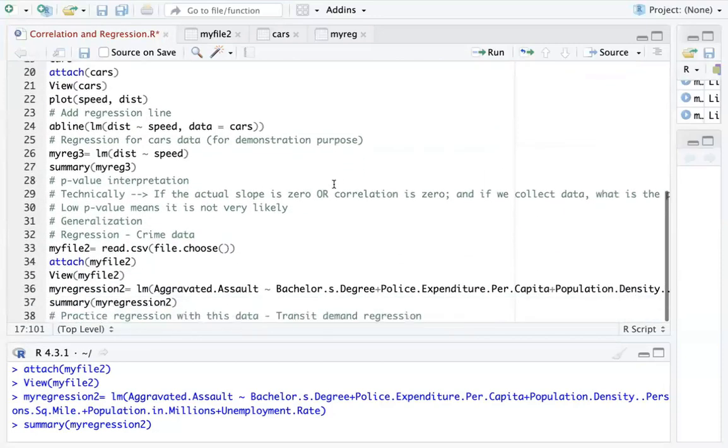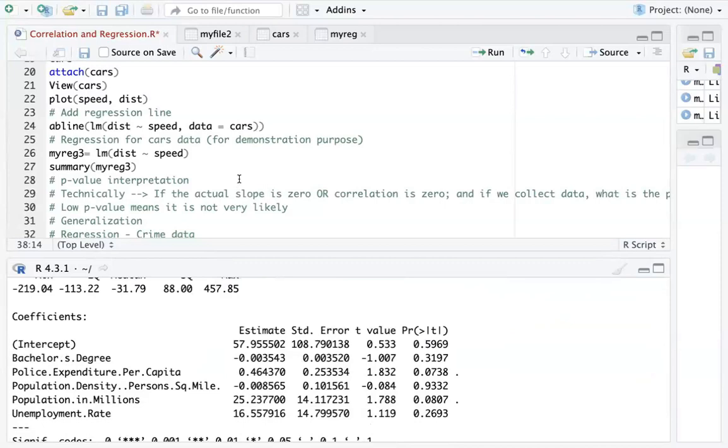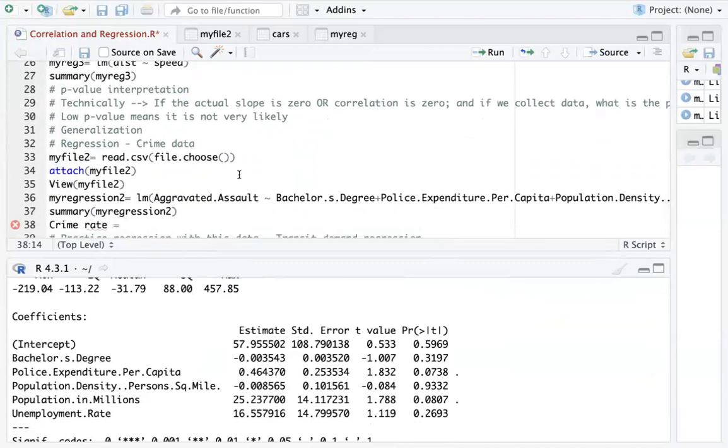Now, in the same way, we can also make an equation for this one, and that equation will be crime rate or aggravated assault is equal to intercept, and we know the intercept in this case was 57.95.